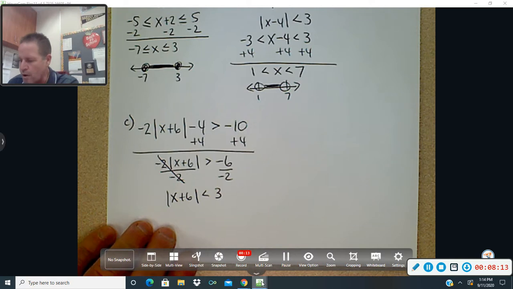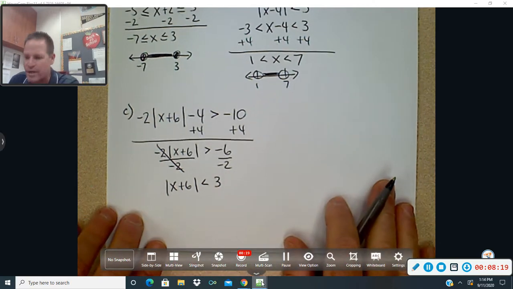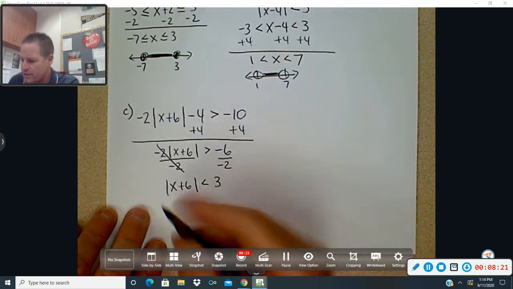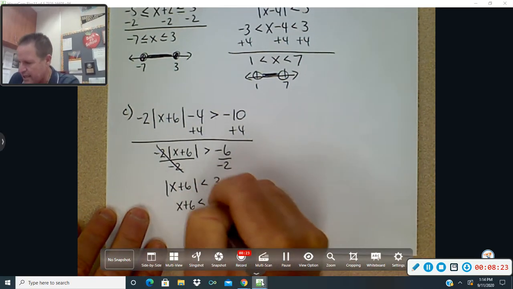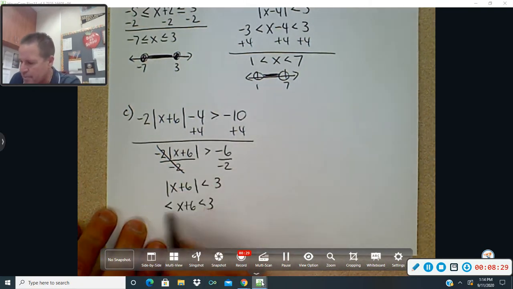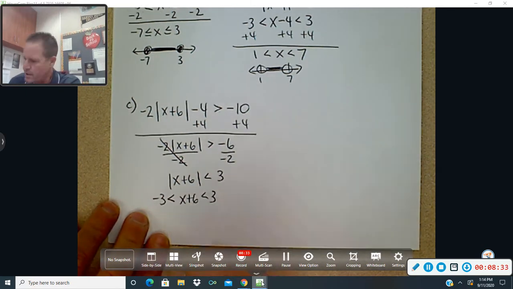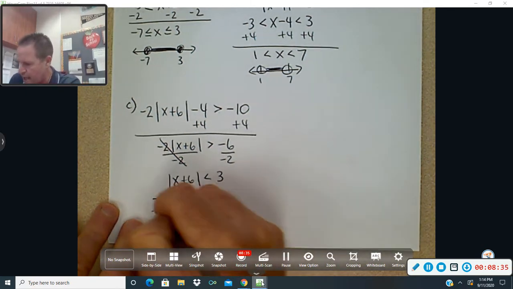All right, so if that's the case, this is a less than sandwich. So we start with the first thing looking exactly as is. No change, no bars. But we want to sandwich it with the symbol going the same way, and I need a negative 3. Subtract 6 from each side.